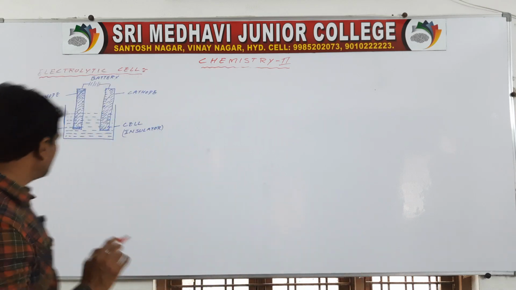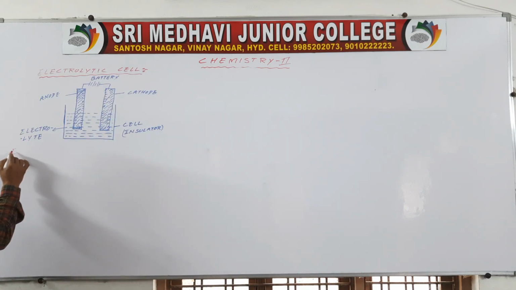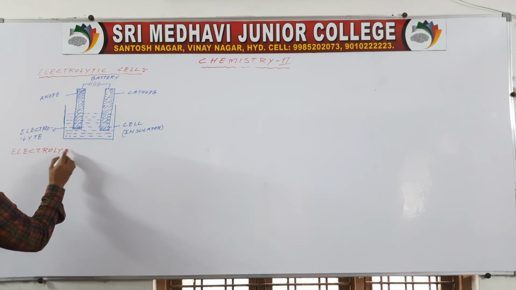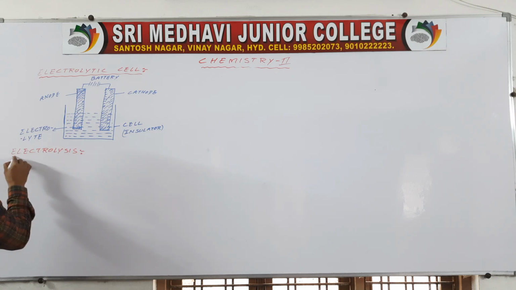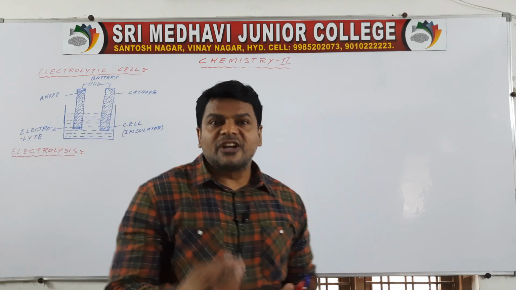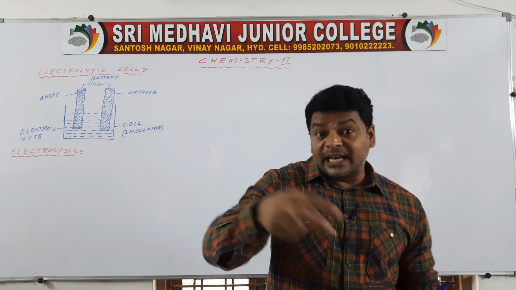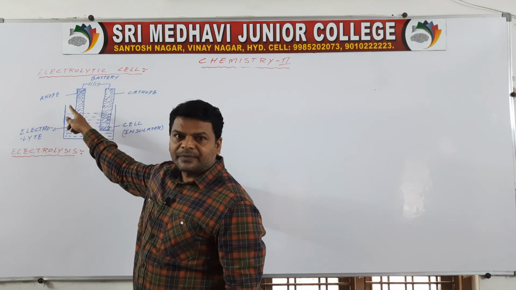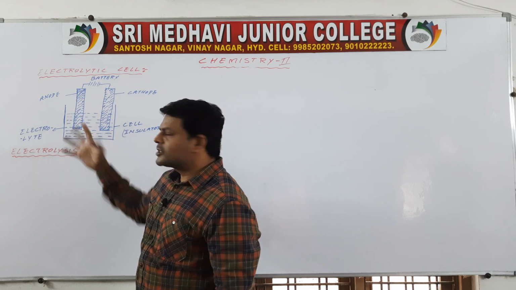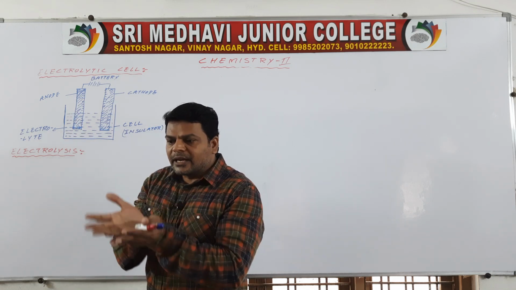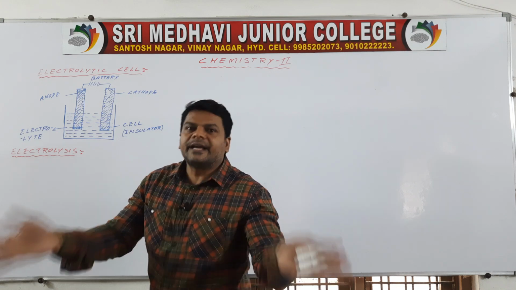Now you have to know electrolysis. Electrolysis is the decomposition of a chemical substance by using electricity. In this electrolytic cell, if you pass electricity, then the electrodes become hot, then the electrolyte becomes hot, and the electrolyte can be dissociated into its ions.